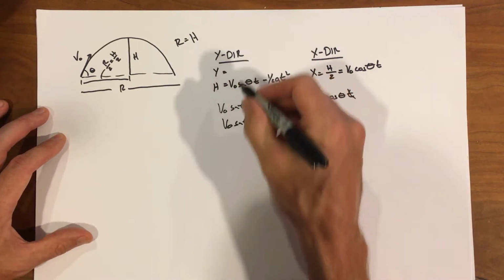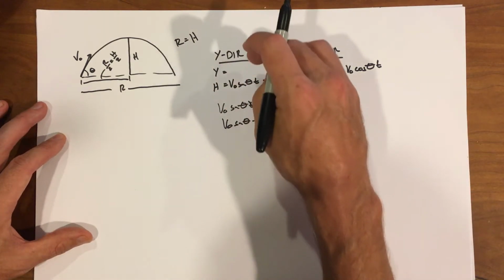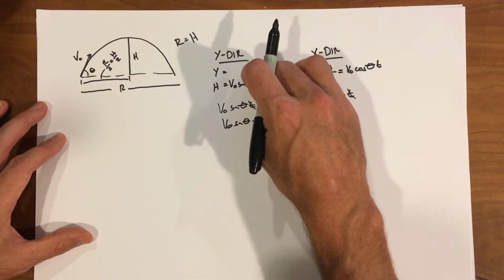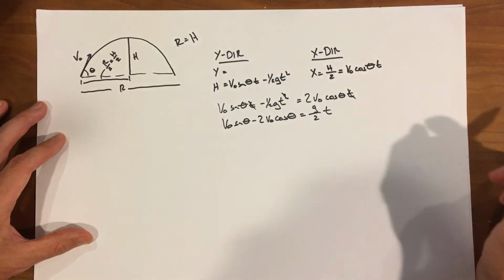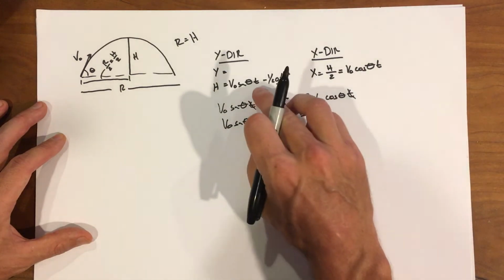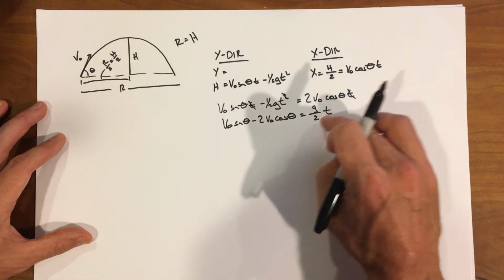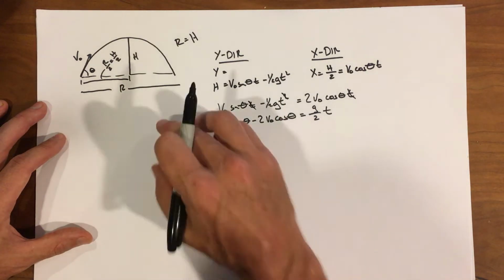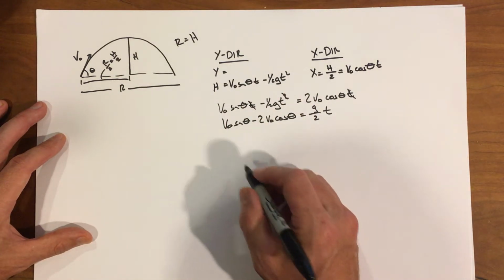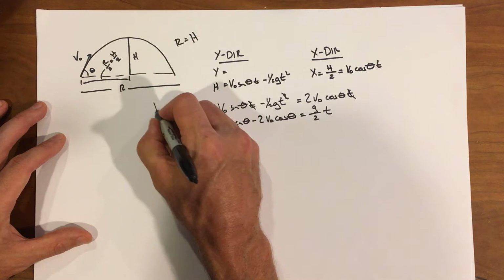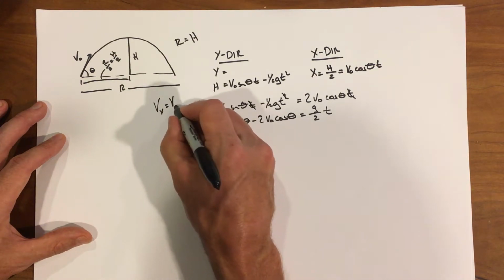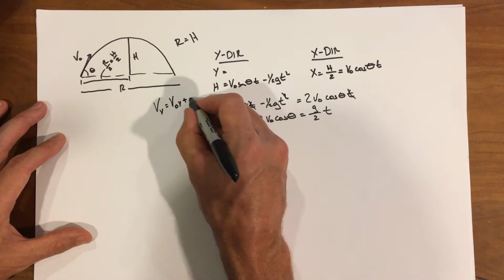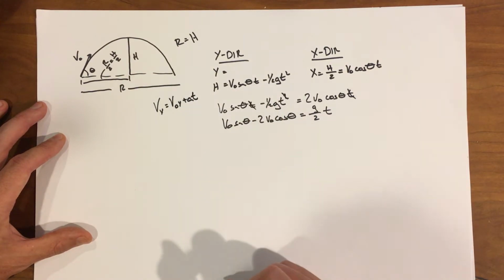So I'll pick on the y, because I know that the velocity in the y direction starts with an initial velocity, and at the maximum height it goes to 0. Remember, this t in every single one of these equations is the time to the maximum height. So I'll look at the velocity. I have v y equal to v naught y plus a t. There's my equation of constant acceleration.